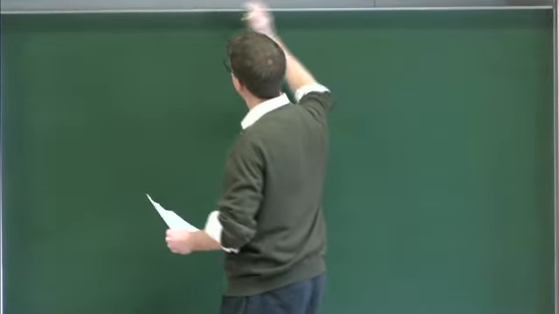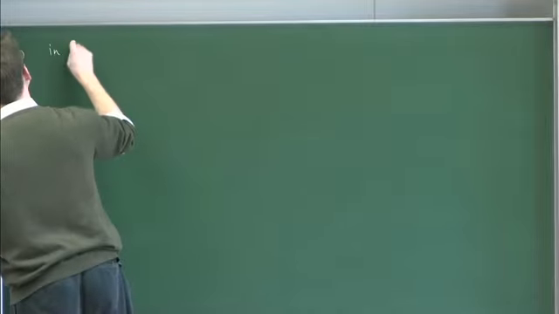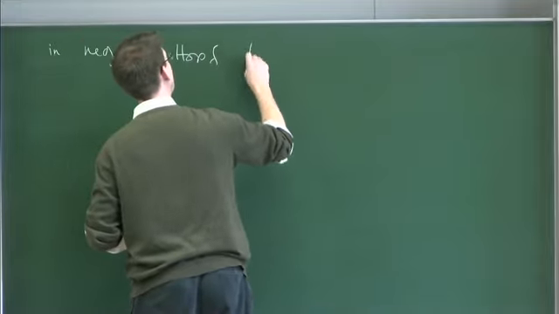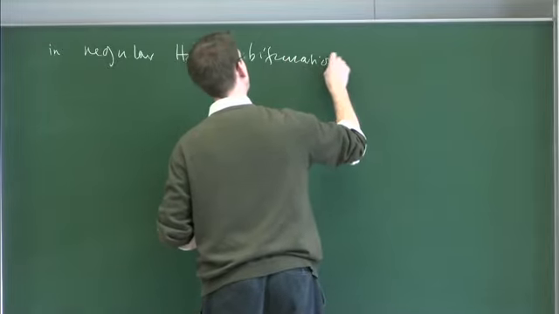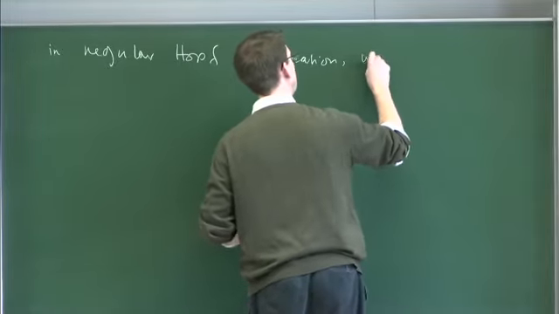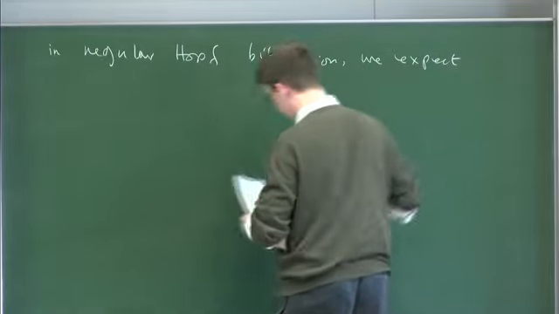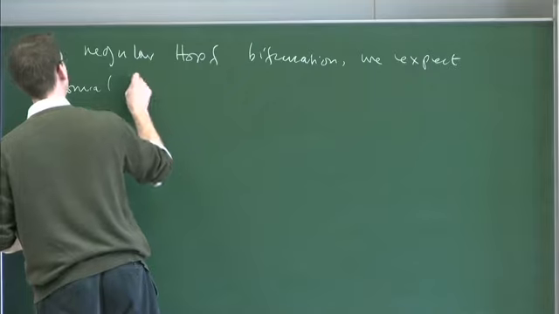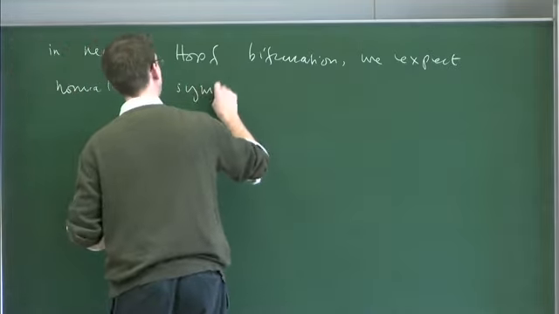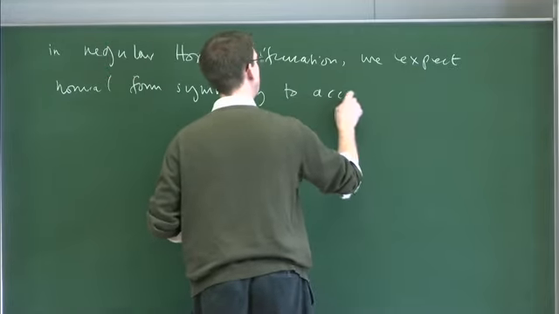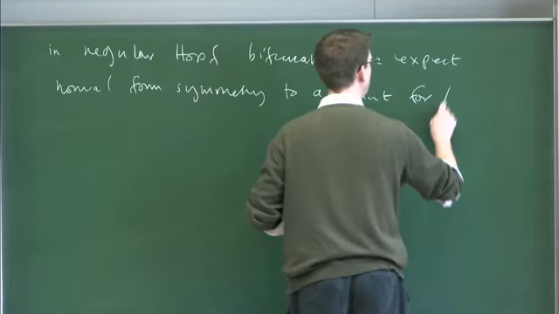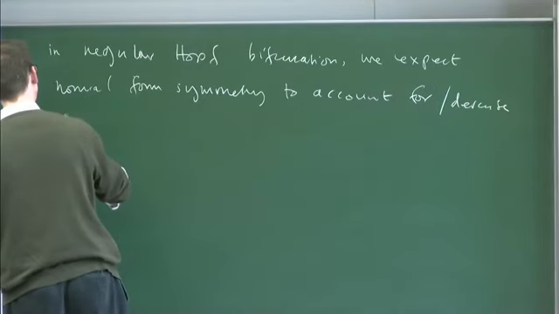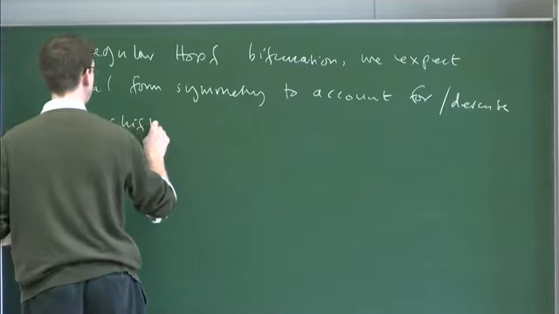So this is just as in regular Hopf bifurcation. So we expect a normal form symmetry to, depending on the point of view, account for or describe time shifts.